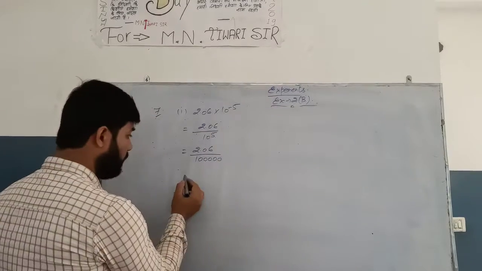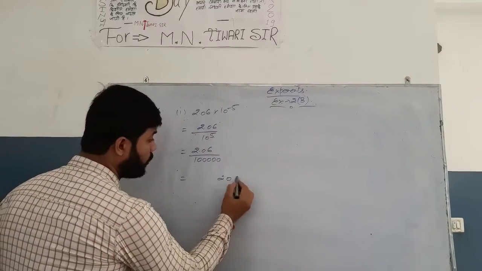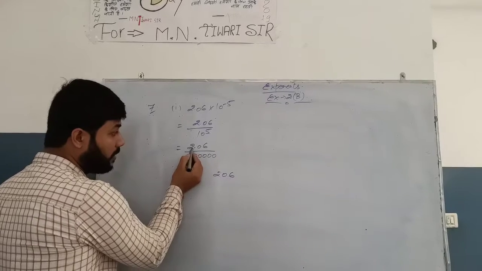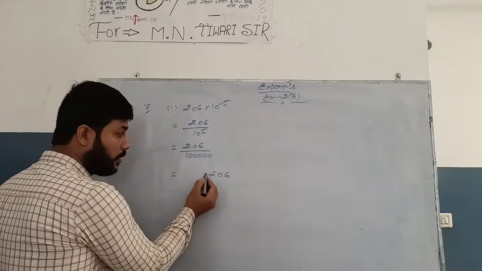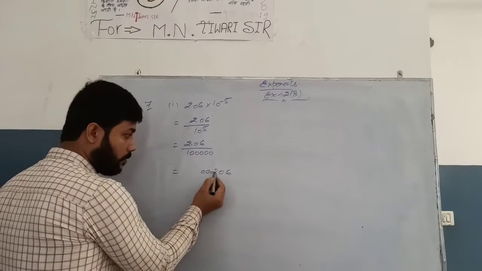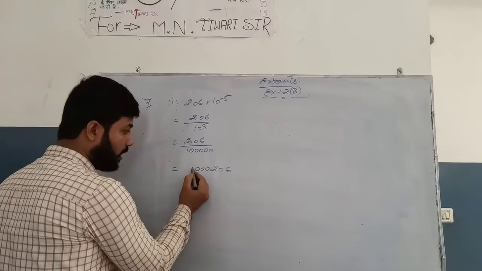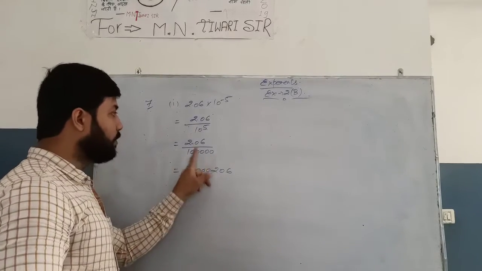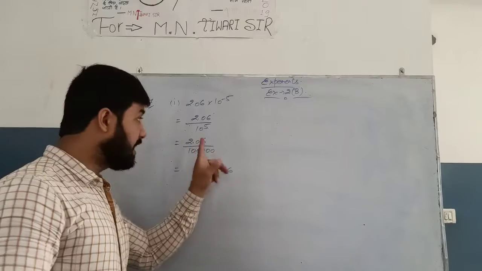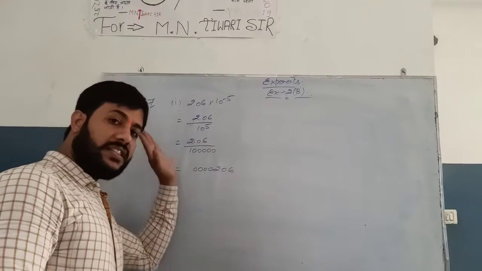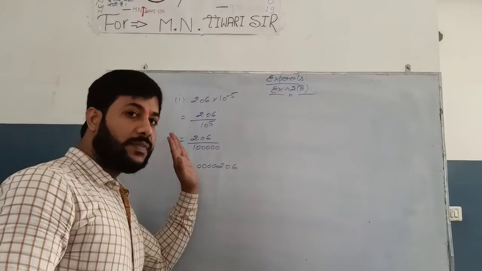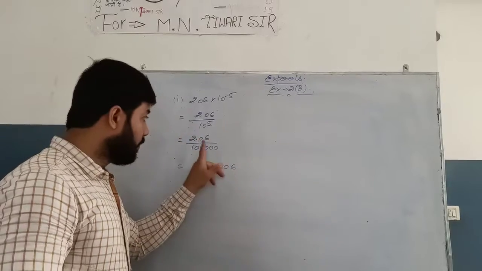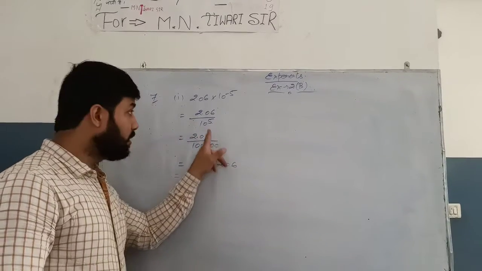Okay. Now we will write 206, counting from here. 5 zeros means the decimal will be placed 5 places to the left side. Mind it, 5 zeros are there, 10 to the power 5.